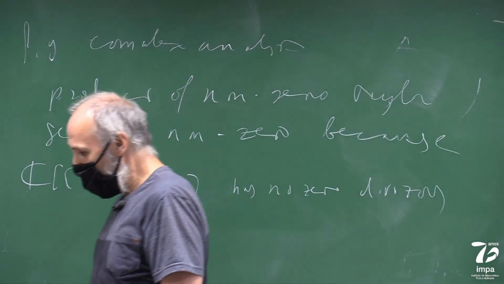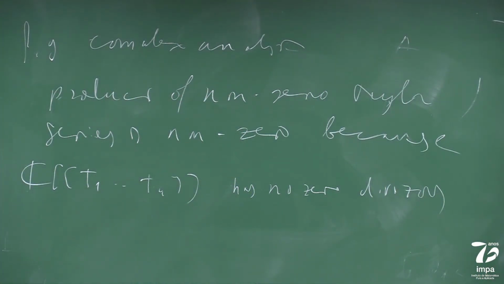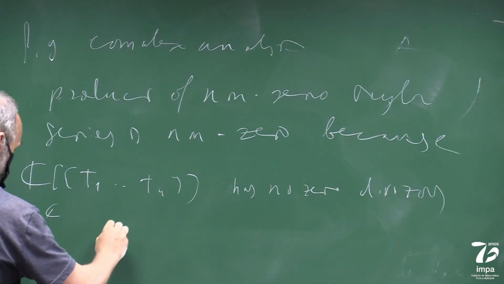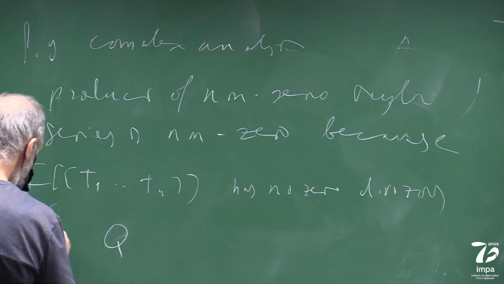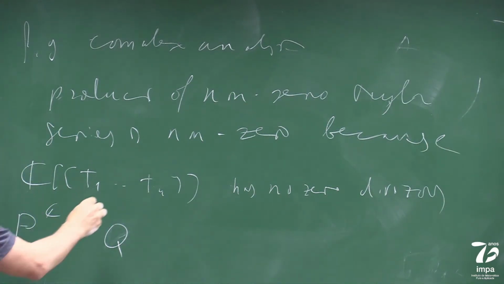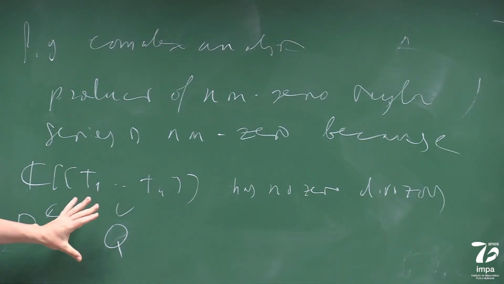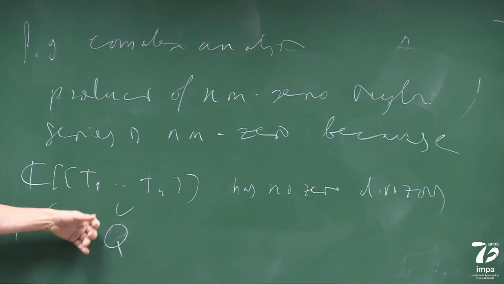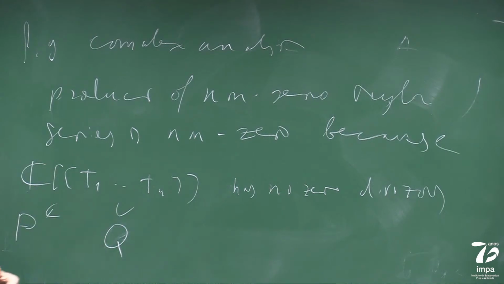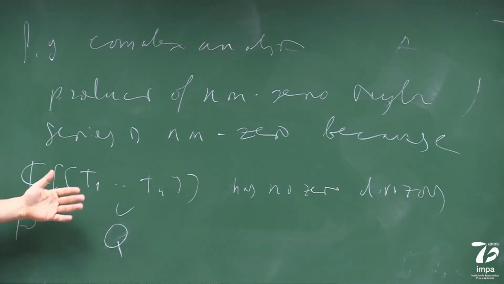Why does it have no zero divisors? If you have two elements in this ring, you can multiply them, and then take the graded components. There are infinitely many graded components, of course, because it's a series, but if the smallest degree ones are non-zero, then the rest is non-zero, and the smallest degree components are polynomials.